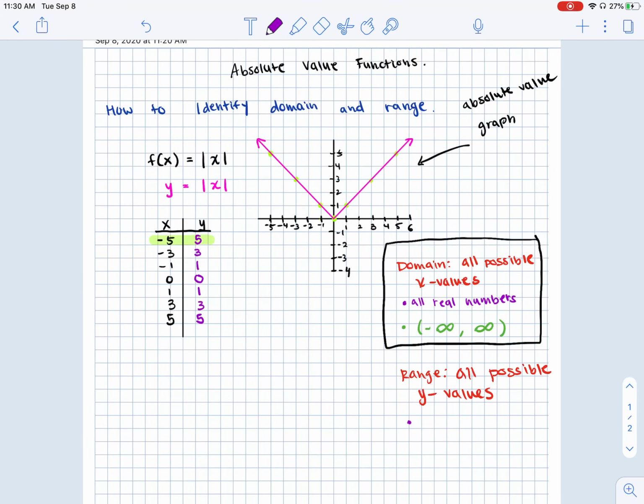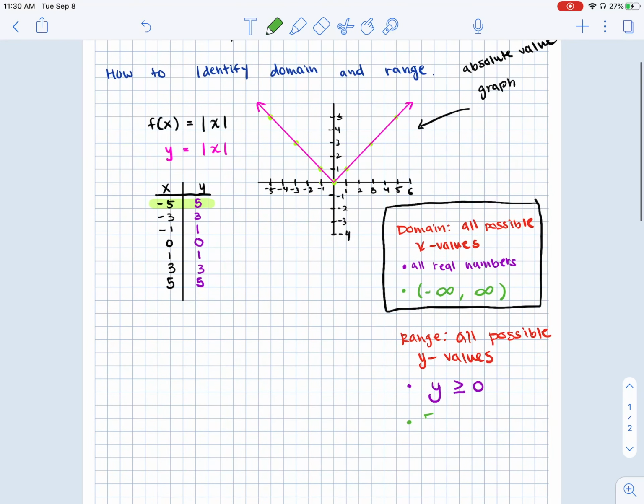It starts at 0 and goes 1, 2, 3, 4, 5, up, up, up. If I wanted to write it in a different way, you can say it starts at 0 and it goes on forever and ever and ever. Boom. So there it is in interval notation.